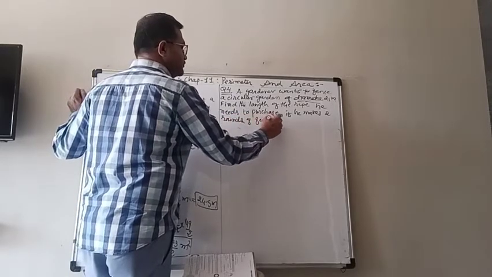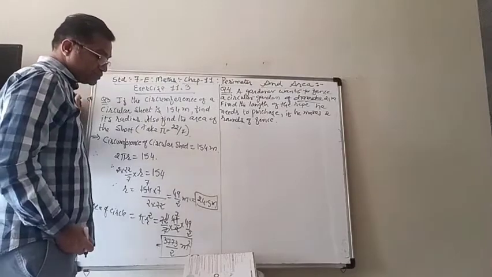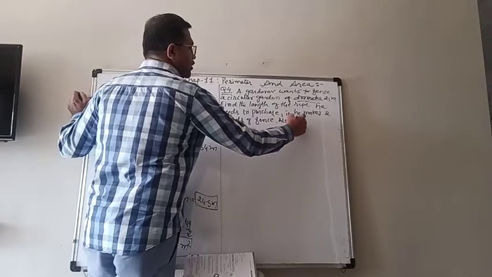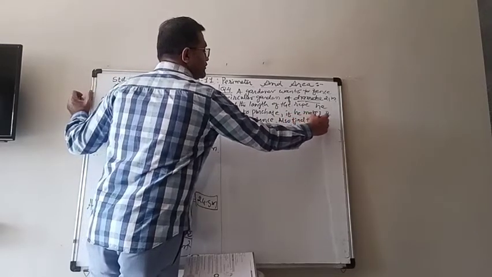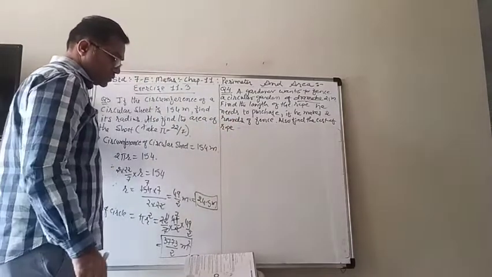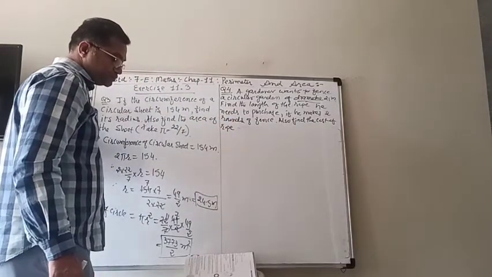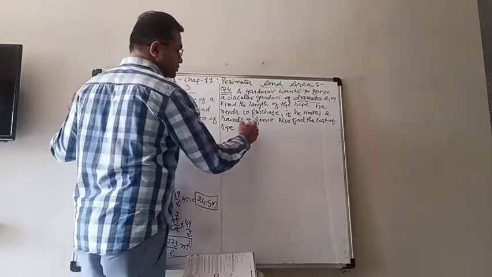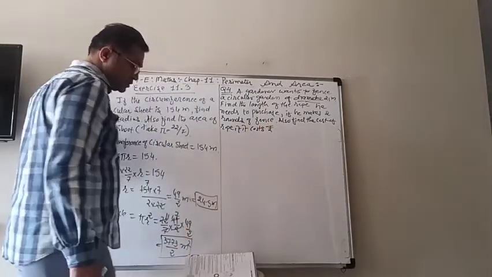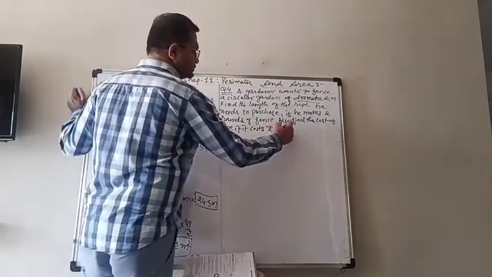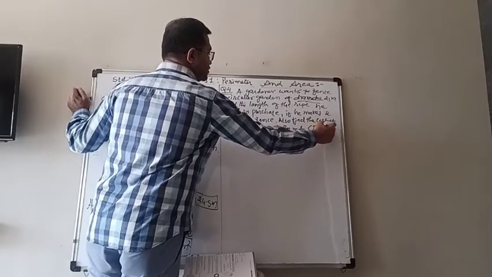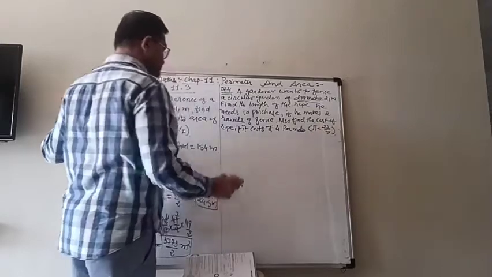Also find the cost of the rope if it costs rupees 4 per meter. Here also it is given that pi is equal to 22/7.